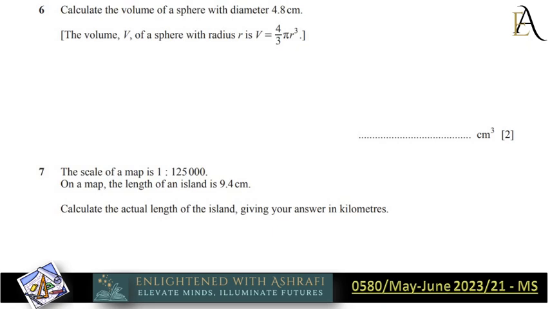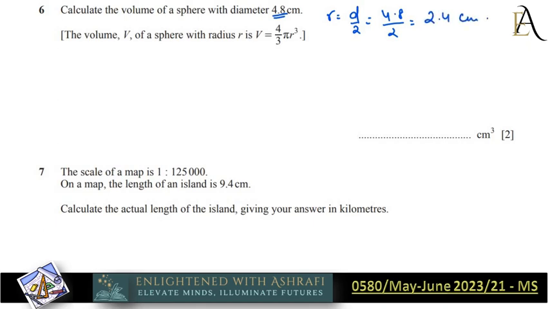Calculate the volume of a sphere with diameter 4.8 centimeters. The volume V of a sphere with radius R is V equals 4/3 pi R cubed. So we need R over here. First let's convert our diameter into radius. R equals D upon 2, so 4.8 upon 2 is equal to 2.4 centimeters.